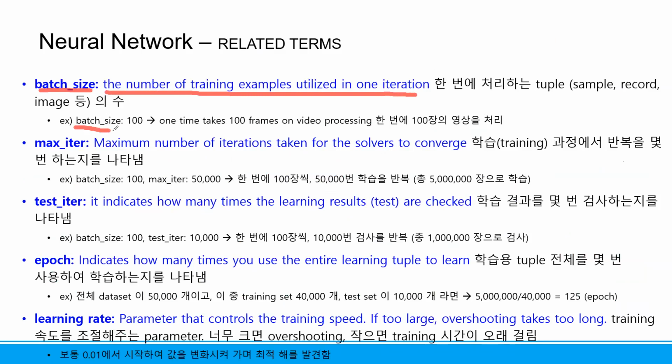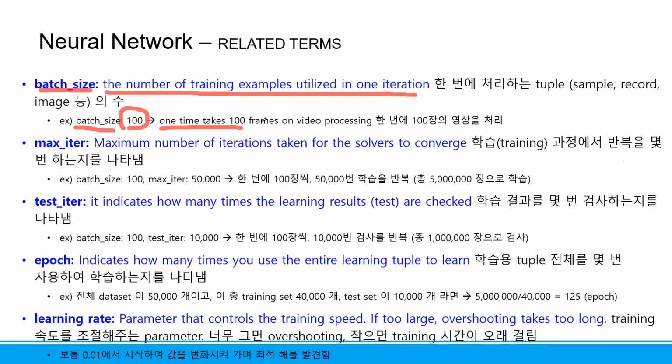For example, I define 100. So let's say I have a lot of data and I define 100. It means in one time, I will take 100 data, or 100 frames.